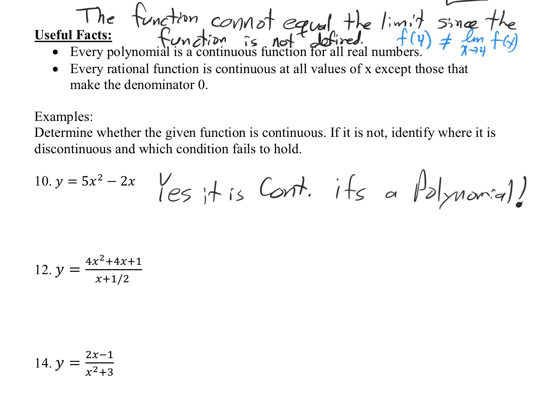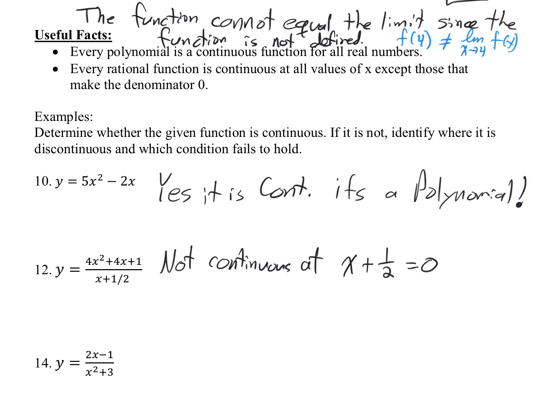Next, we look at a rational function. So we are asked, is that function continuous? All right, well, let's just follow the rule that's stated above. It says every rational function is continuous except for values that would make the denominator 0. So we will say this function is not continuous at anything that would make x plus 1/2 equal to 0, because x plus 1/2 is the value of our denominator.